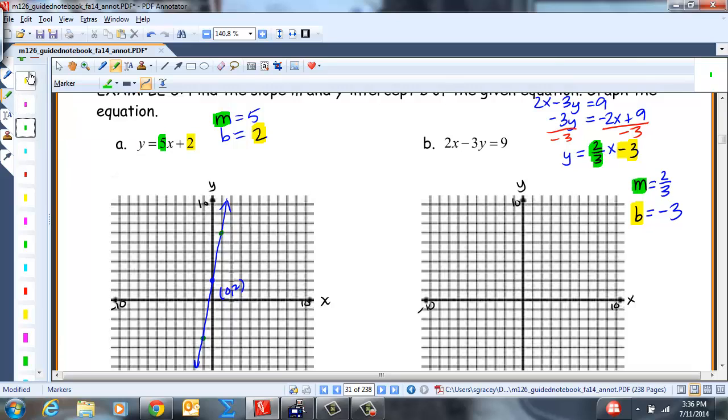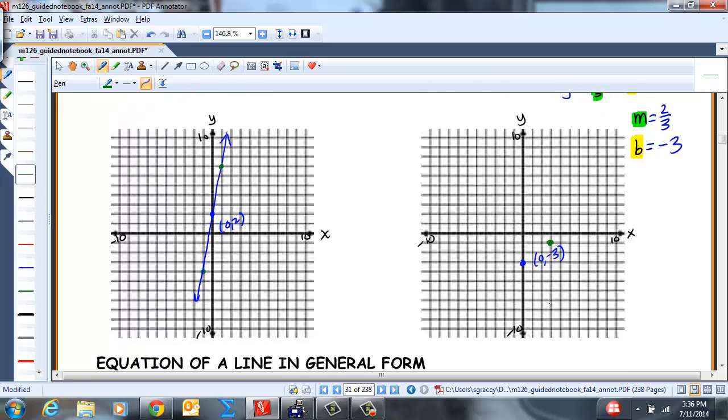So now we're at 0, -3. And we have a slope of 2/3. So if we go up 2 and to the right 3, we'll have a point here. We could always go down 2 and to the left 3. And then when we make our line, it will look something like this. Okay?